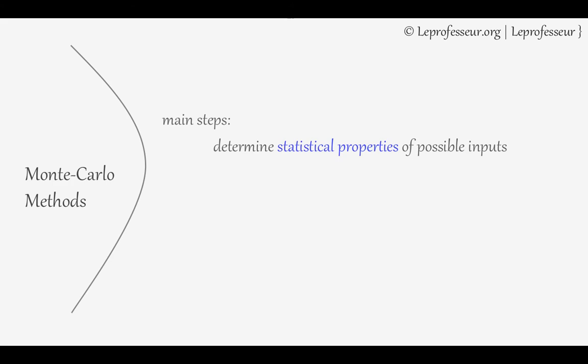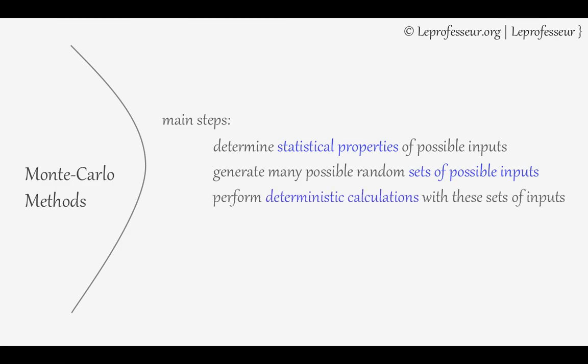They simply use statistical properties, or statistical fundamentals. The second step is to generate as many possible sets of inputs. The third step is typically to perform the deterministic calculations, like we did in the previous example.